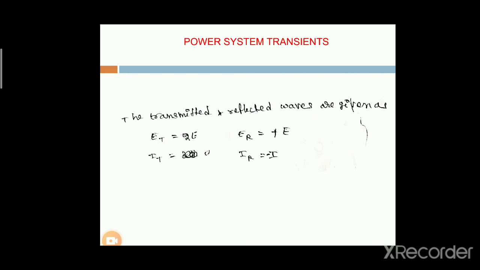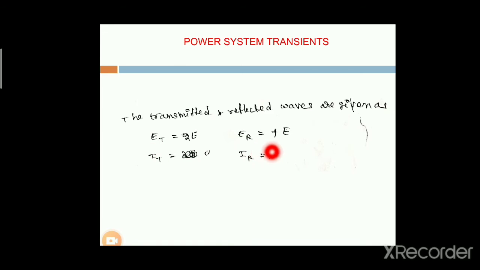The transmitted and reflected waves are given as ET is equal to 2E, and IT is equal to 0.